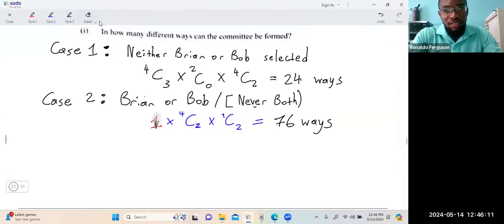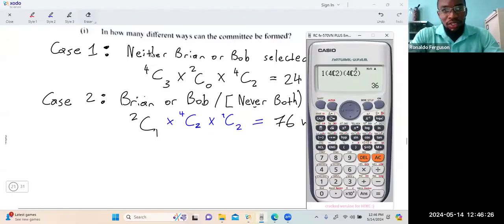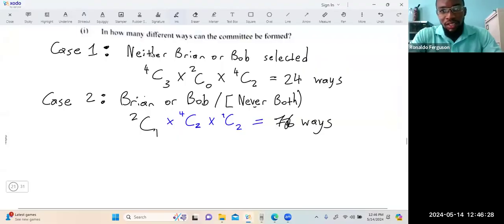These are 76 or 72. Got to put it back in the calculator. So what I do is I choose any one out of the two of them. It's either I choose Brian or I choose Bob, right? And I think that was, oh no, it was 72. This was 72.